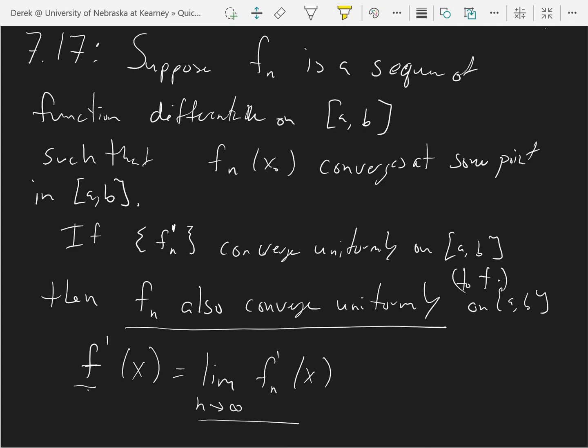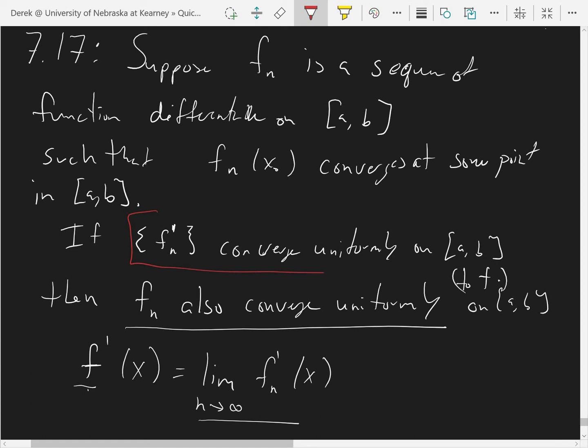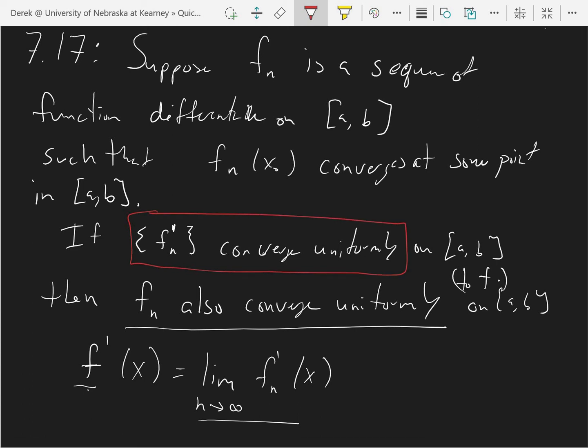We controlled how wild the derivatives got by using that the derivatives converged uniformly. It's sort of like the integration thing, right? I start with the derivatives of the functions, I go up to the original functions, and I get uniform convergence.